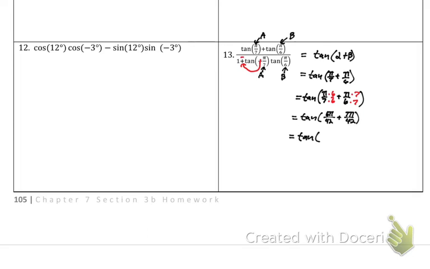Which equals, 12, wait, what did I say? 13 pi? Yeah, 13. I can't read my own writing sometimes. Over 42. Can we simplify 13 pi over 42?